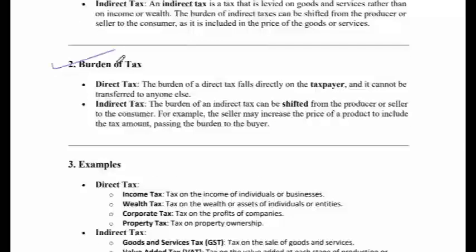Next, burden of tax. Direct tax, the burden of direct tax falls directly on the taxpayer and it cannot be transferred to anyone else. That we have already read above.